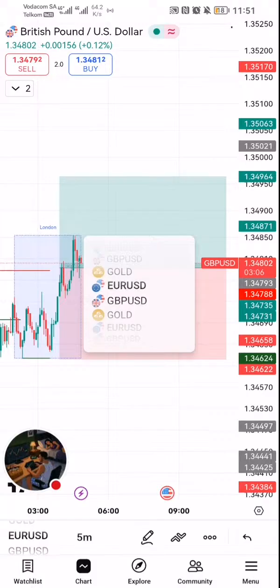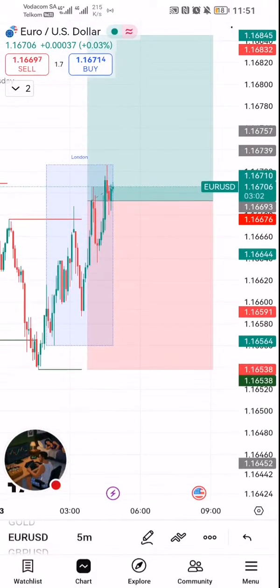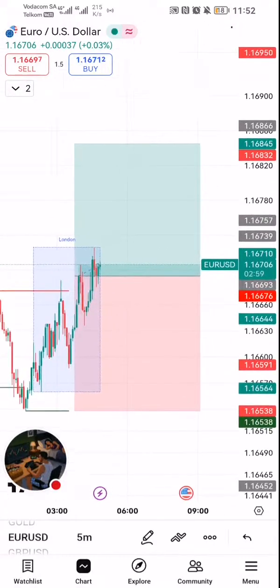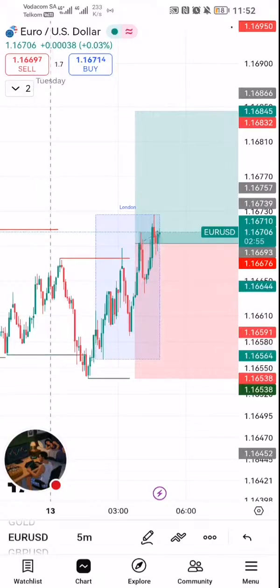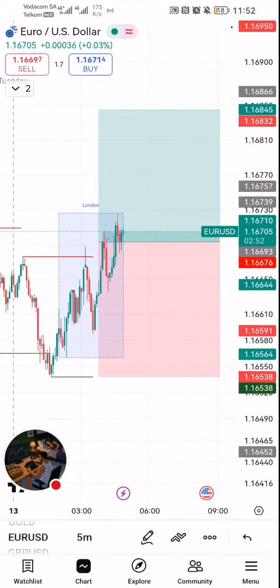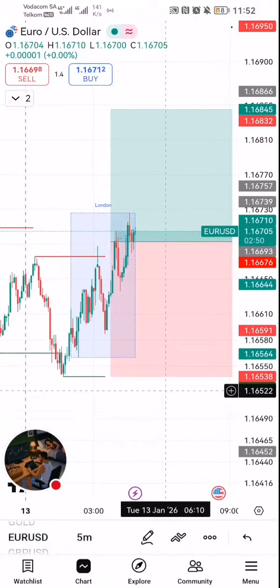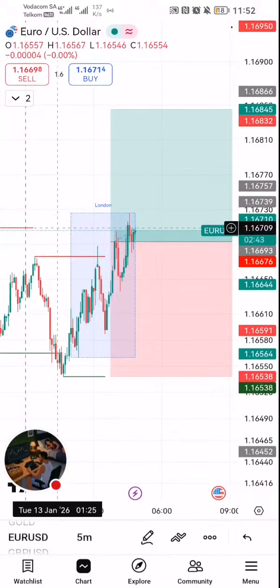And on EURUSD, this is the setup I'm working with. It's also the same thing. The only reason why I waited to enter now is because if you can see clearly here on EURUSD, we had this resistance, and then closely above we also had another one.